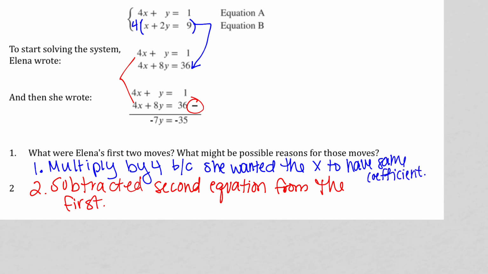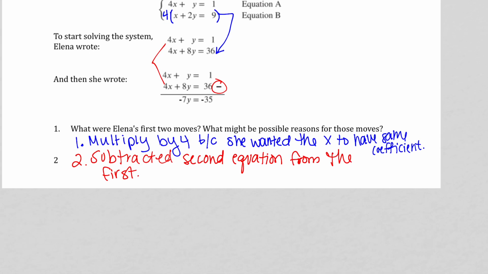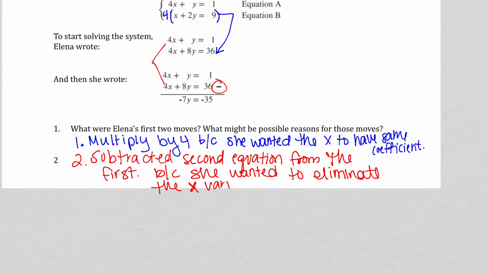Okay, and she subtracted the second equation from the first because she wanted to eliminate the x variable. All right, when you are ready, go to the next page.